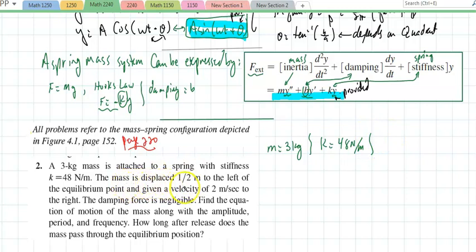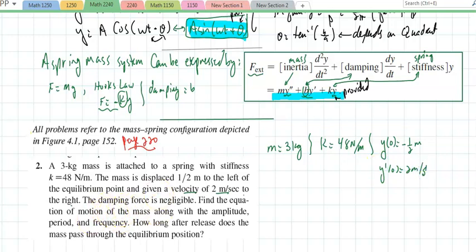The mass is displaced half a meter to the left of the equilibrium. So y of 0 to the left is negative, to the right is positive. And given a velocity of 2 meters per second to the right, the initial velocity is 2 meters per second to the right.